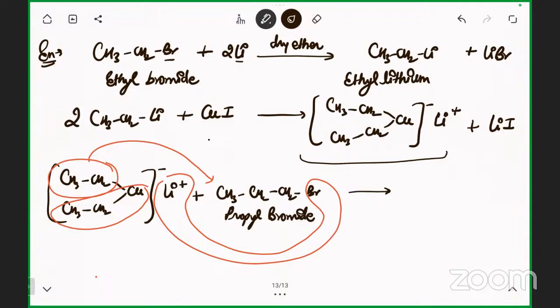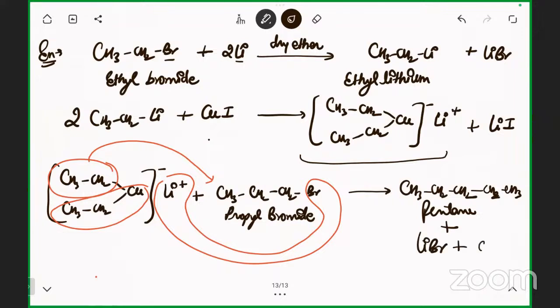CH3CH2CH2 and CH3CH2 combine, and the first thing formed is pentane. Then Li will react with the Br to form LiBr. Then CH3CH2Cu, ethyl copper, is remaining.